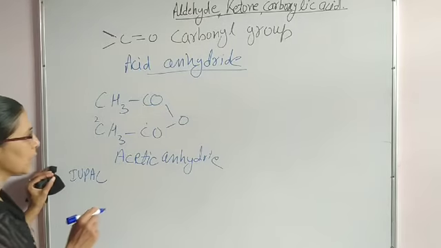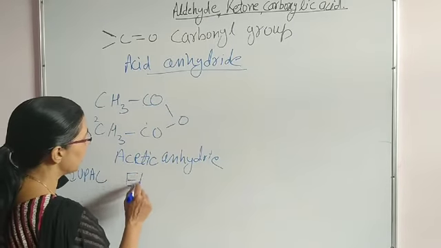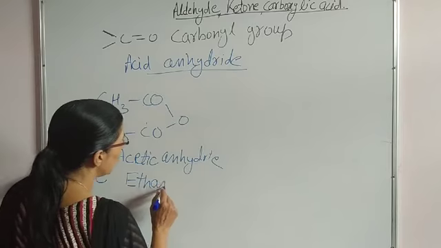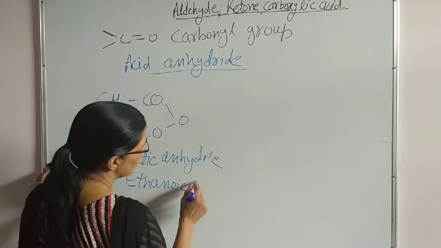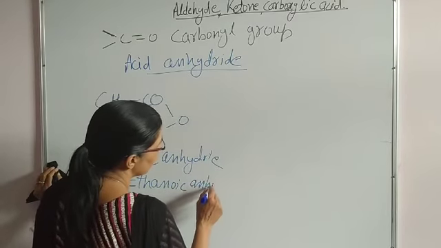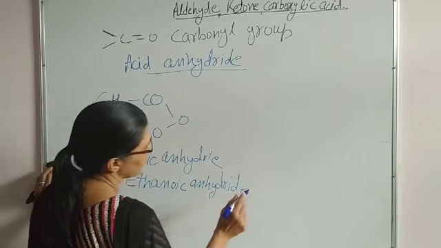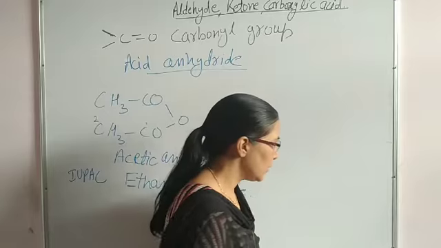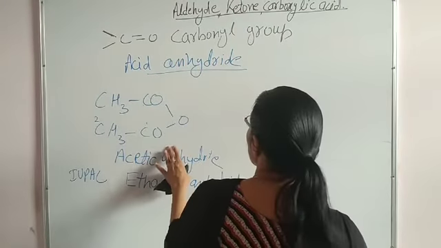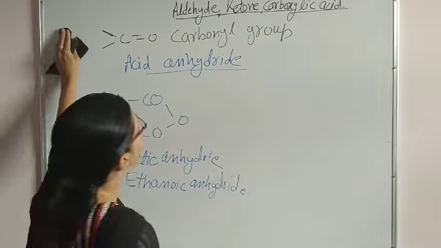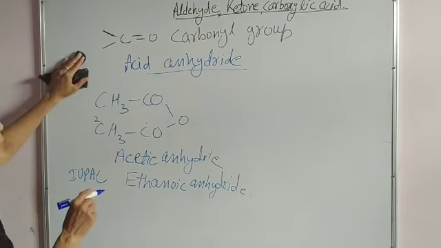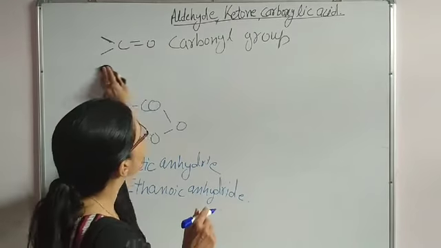It means ethanoic acid. So its IUPAC name will be ethanoic anhydride. Okay, that's all about acid anhydride. So all the functional groups related to the carbonyl group are over.